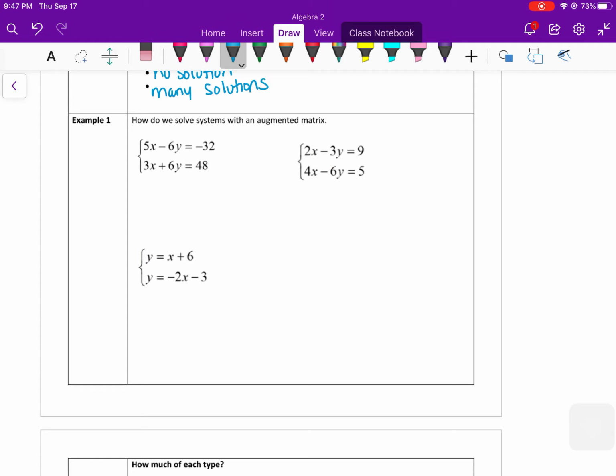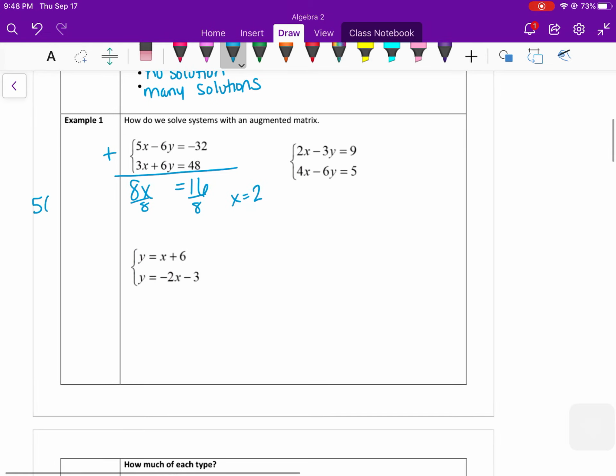We learned how to solve this type of problem using elimination, where the x and y's line up, and since the y's are -6 and 6, when you add these two equations together, 5x plus 3x is 8x, -6y plus 6y is 0, 48 plus -32 is 16, and then dividing by 8, you get x equals 2.